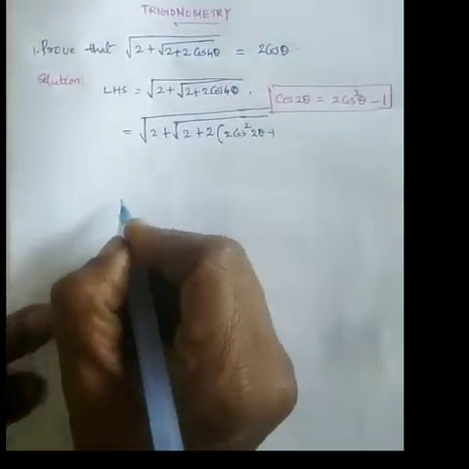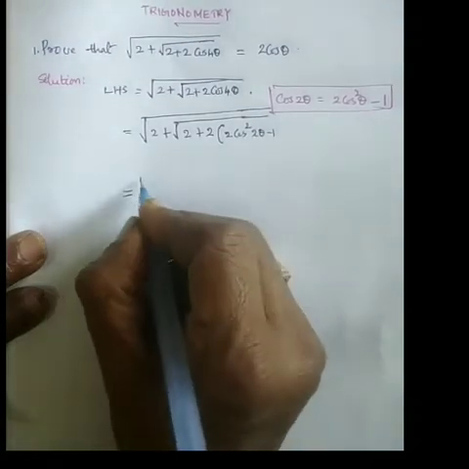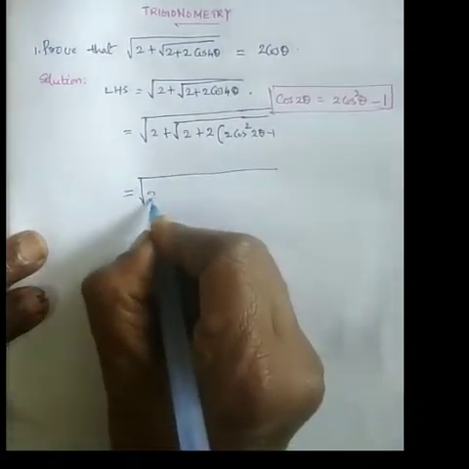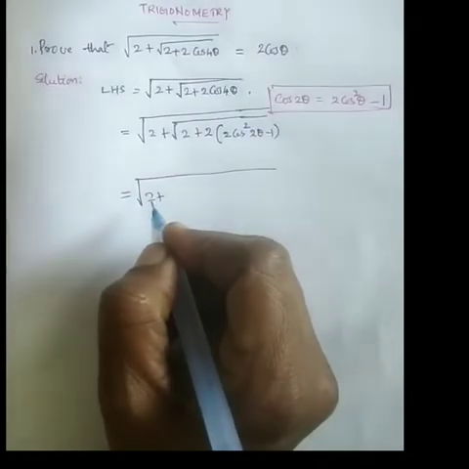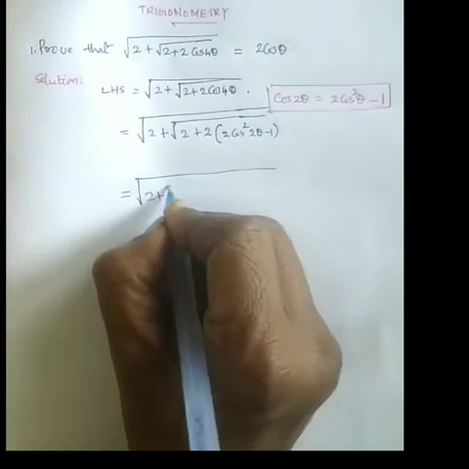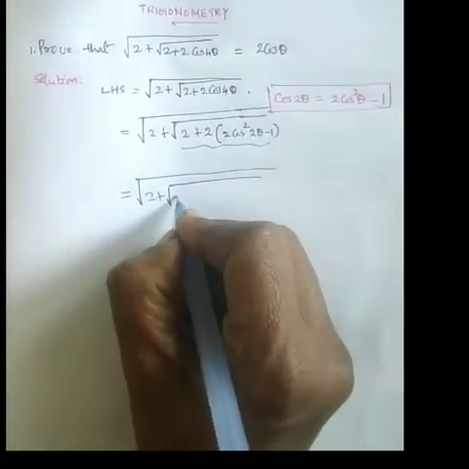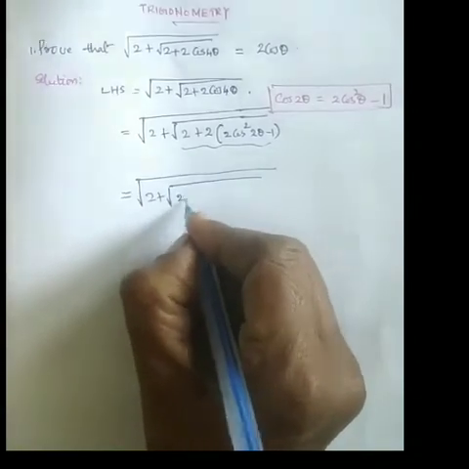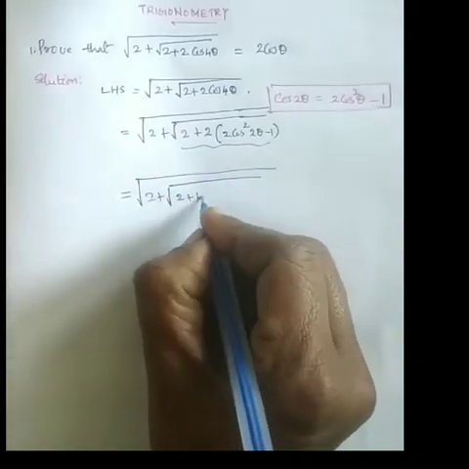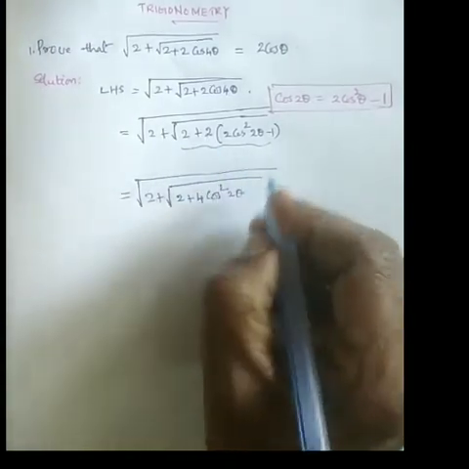That's equal to square root of 2 plus square root of, expanding this, 2 plus 2 into 2 cos square 2 theta minus 1, that is 4 cos square 2 theta minus 2.